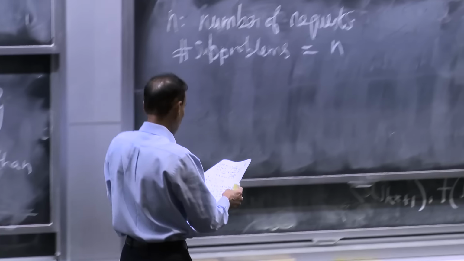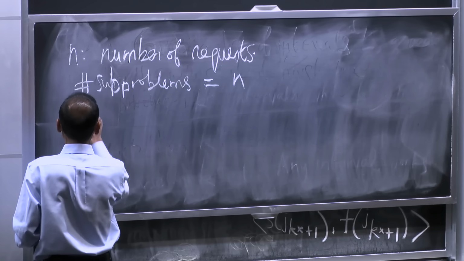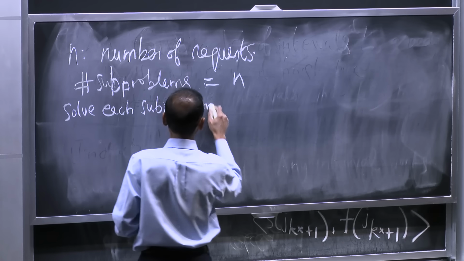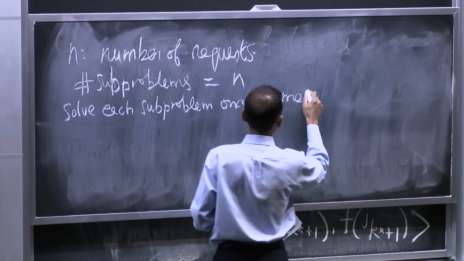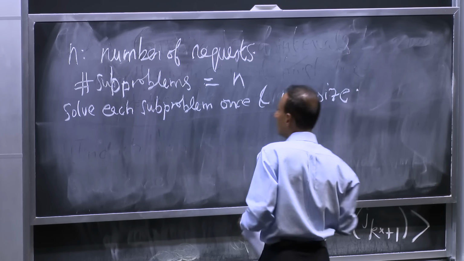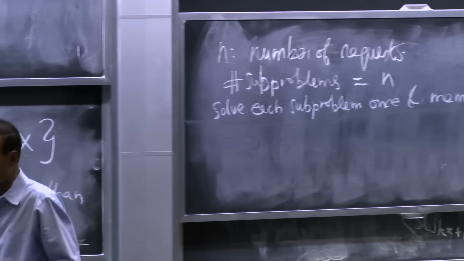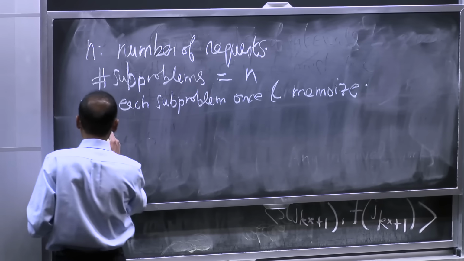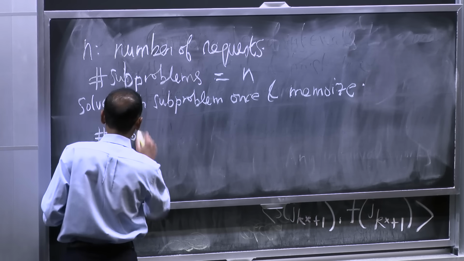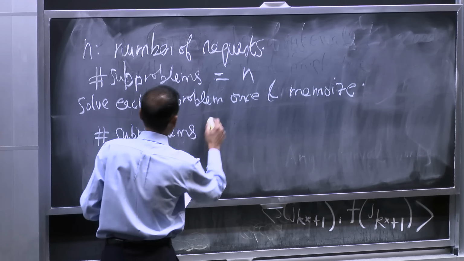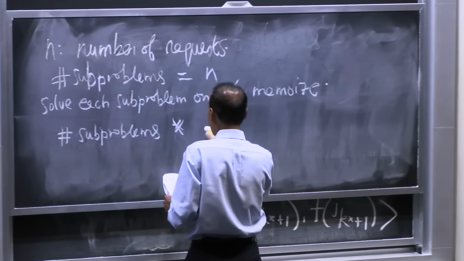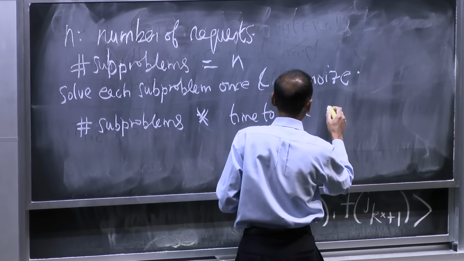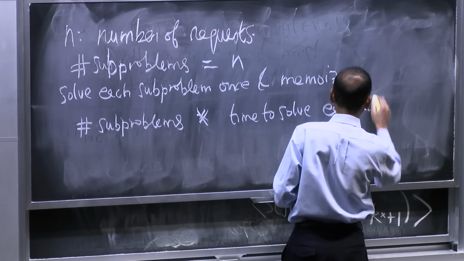And we're going to solve each subproblem once and then memoize. And so the work that we have to do is the basic rule corresponding to the complexity of a DP, which is number of subproblems times the time to solve each subproblem or a single subproblem.